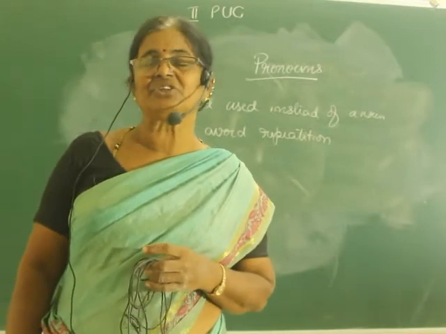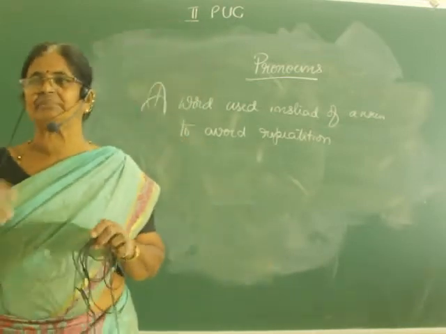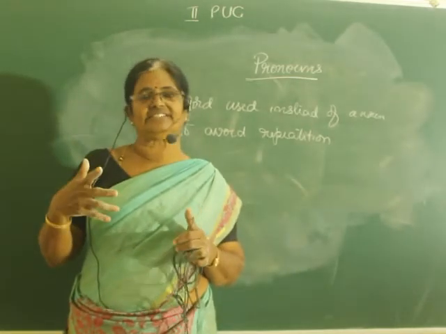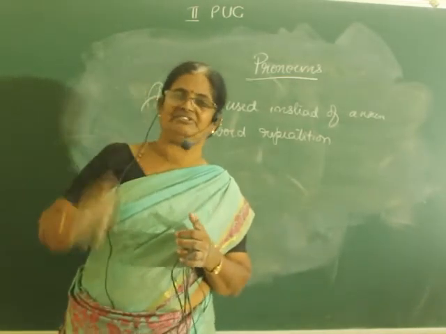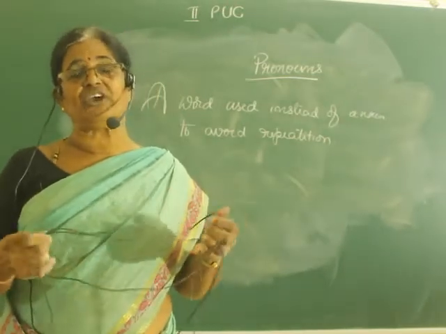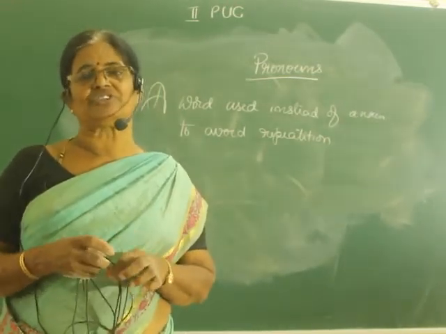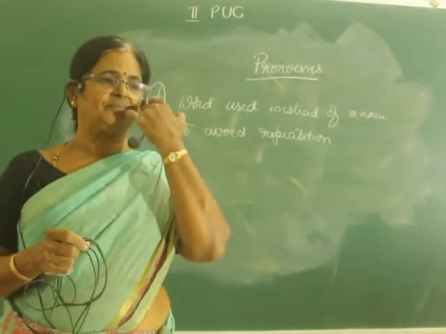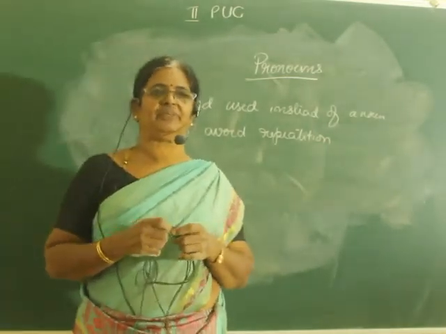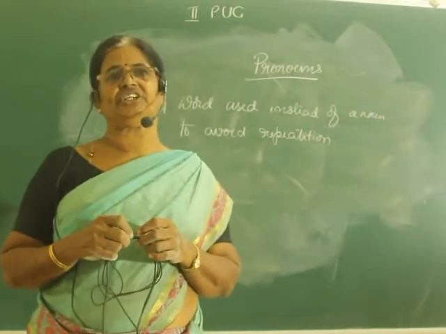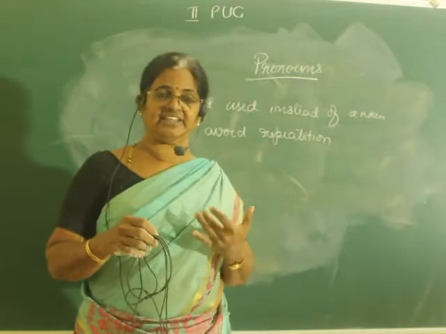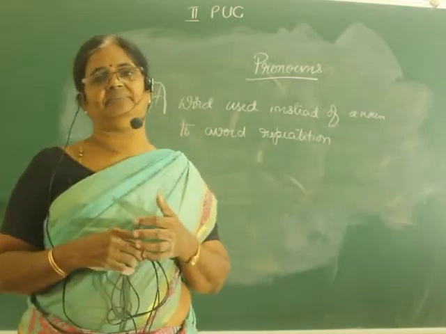So, to avoid such repetition which disturbs the listener, we use other words which mean the same. In sentences, to avoid the repetition of nouns, we use pronouns. Rama went to forest. He went to forest along with his wife Sita and brother Lakshmana.